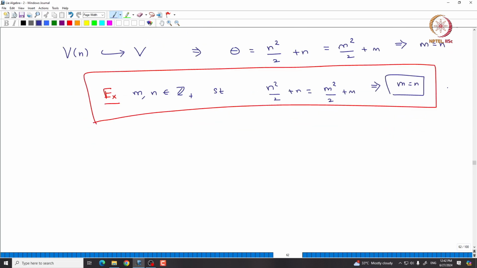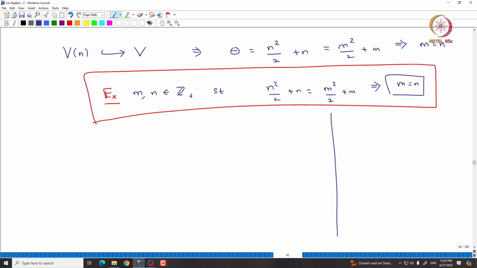That means, if we take some other irreducible representation inside capital V, that should be another copy of V of m. So, there is no other irreducible representation that can sit inside capital V. So, this means if V decomposes into irreducible representations, then it can only decompose as a direct sum of V of m, nothing else.